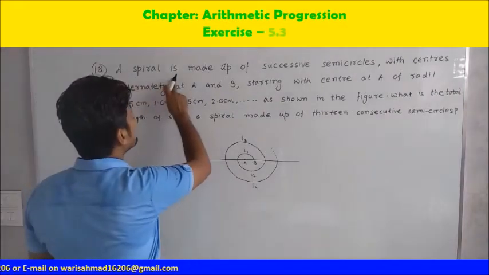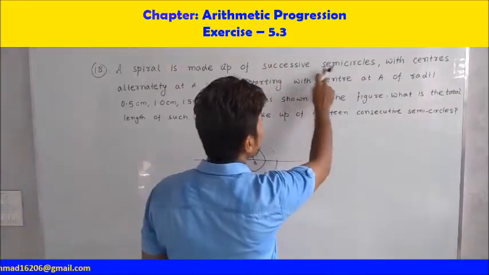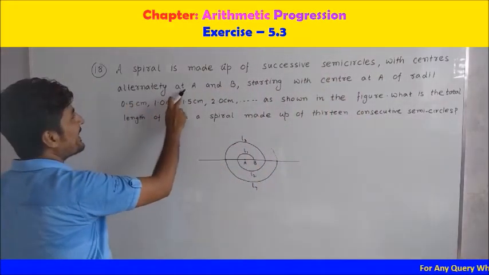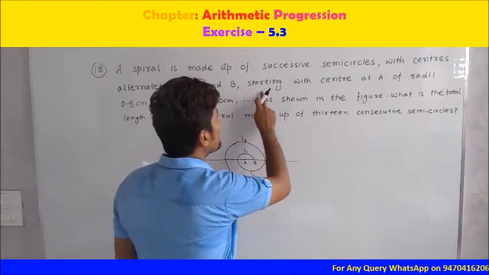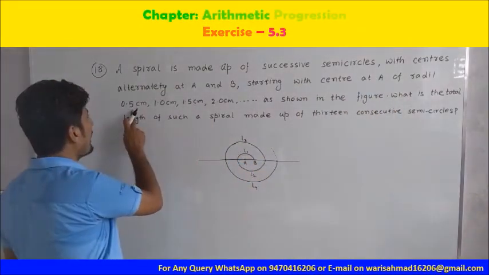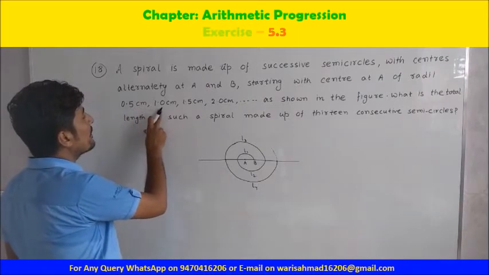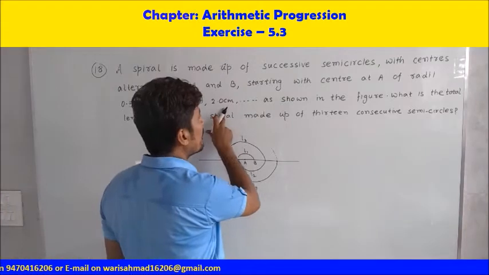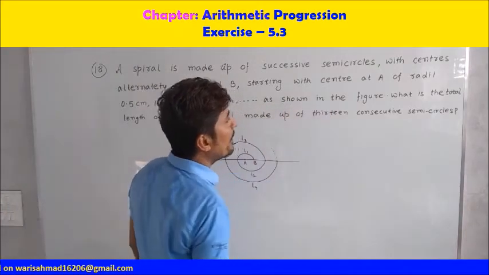A spiral is made up of successive semicircles with centers alternately at A and B, starting with center at A of radii 0.5 centimeter, 1.0 centimeter, 1.5 centimeter, 2.0 centimeter as shown in the figure.